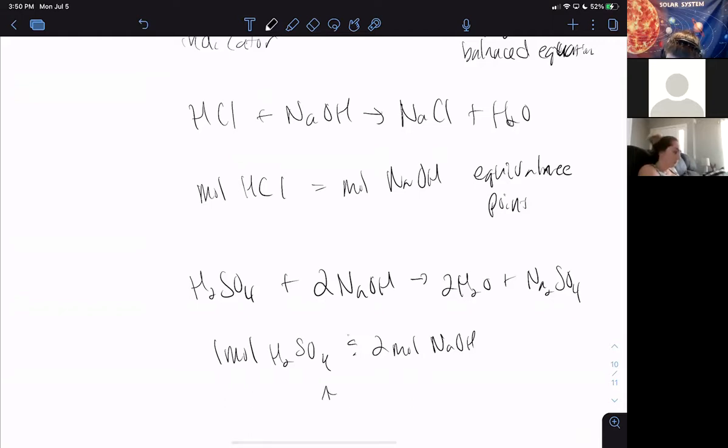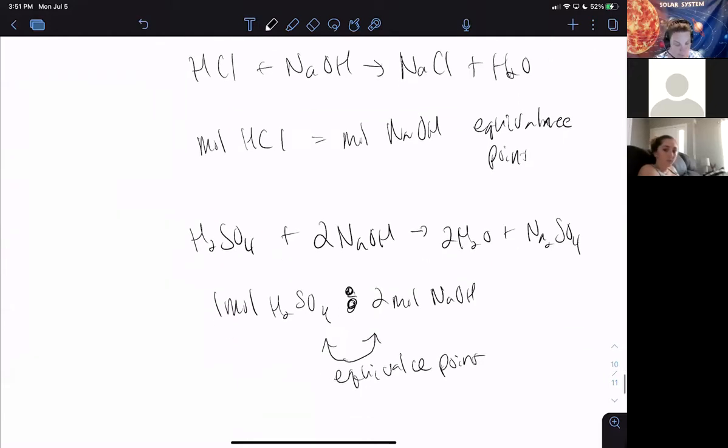So at this point, we'd be at our equivalence point. I guess we're at 1 to 2. So with our titrations, we're looking at acid-base titrations. There are others, but we're not going to look at that this semester. But when moles of acid and moles of base are equivalent stoichiometrically, we are at our equivalence point.